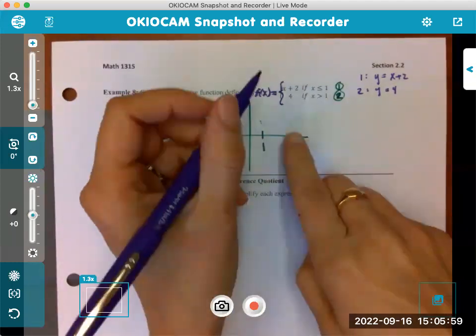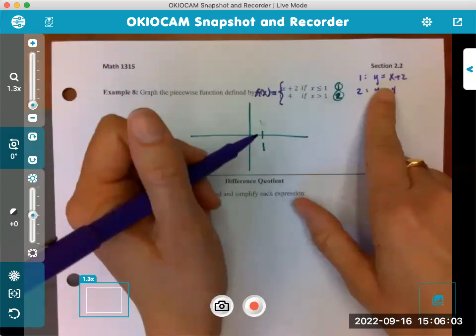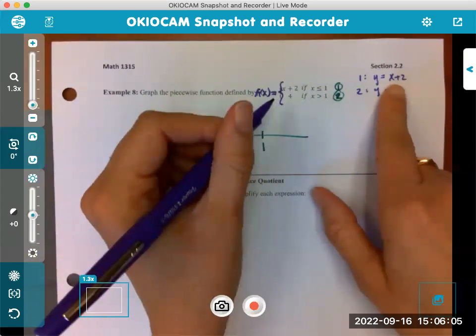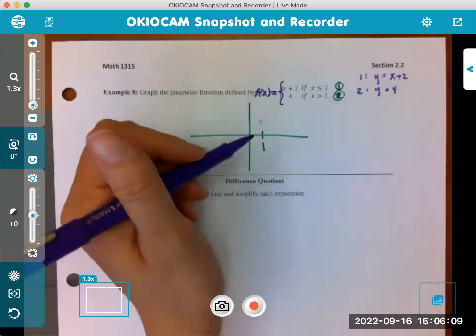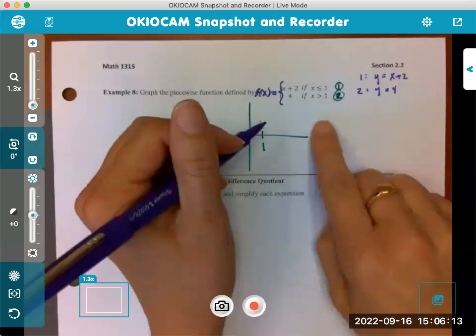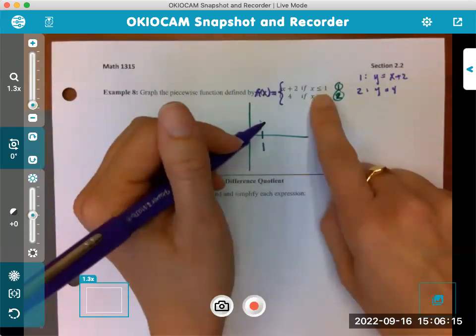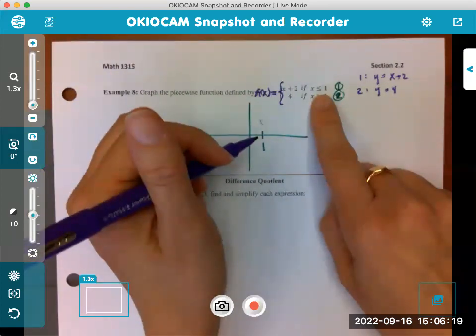So now, if I want to graph rule 1, then I notice that this is a linear line. Y'all remember how many points we need to graph a line is just 2, right? So let's work smarter, not harder. So since 1 is included, I know that I can have the filled in circle here at 1.